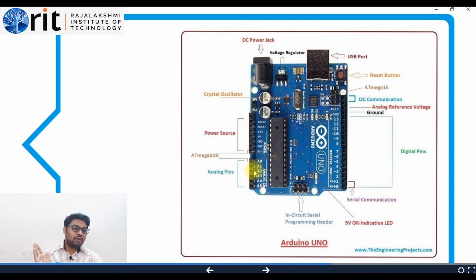When you connect an analog sensor, the inbuilt A to D converter, that is analog to digital converter, will convert this value to digital, and this will be processed by the controller, because a microcontroller will not take analog values directly. So for that we use A to D converters.